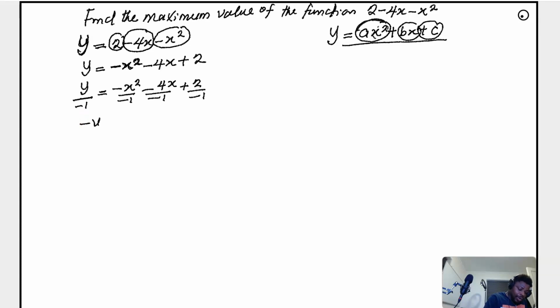So this will be minus y is equal to x squared plus 4x minus 2.